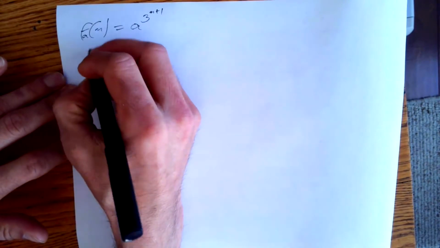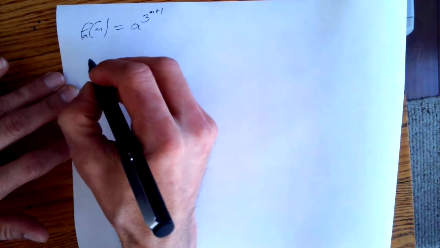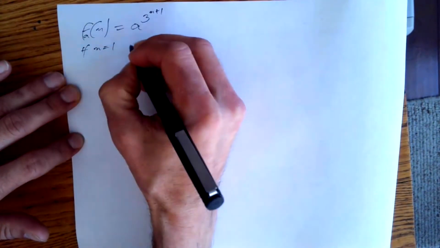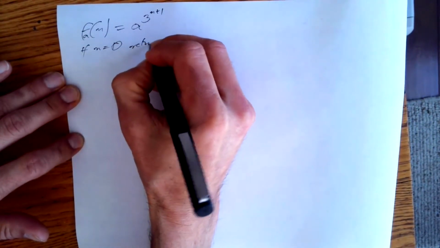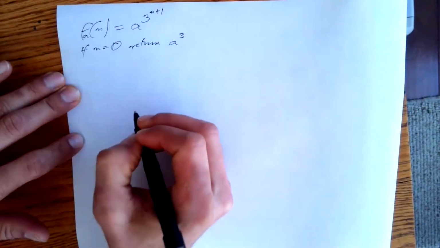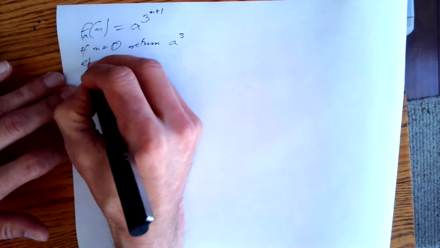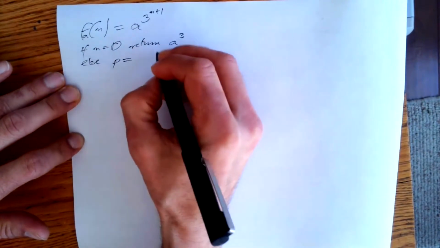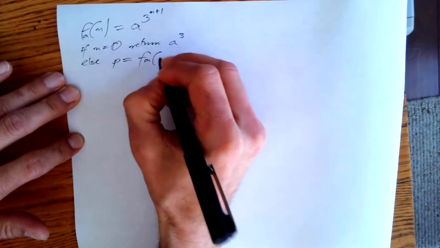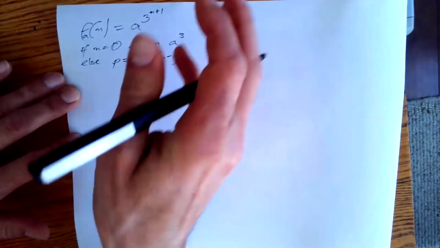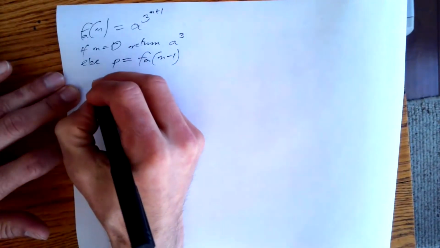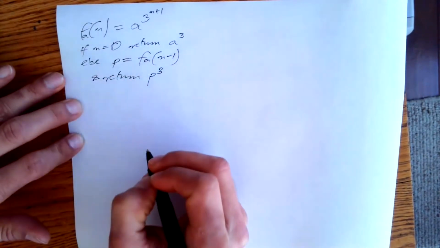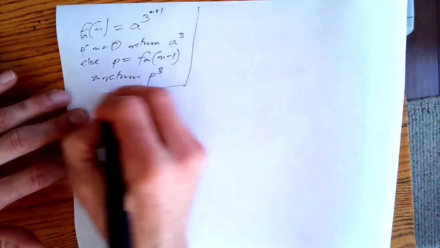And the code for this was that if n is 0, return a to the 3rd, and otherwise compute p, which is fa of n minus 1, whatever this algorithm did, and return p cube.